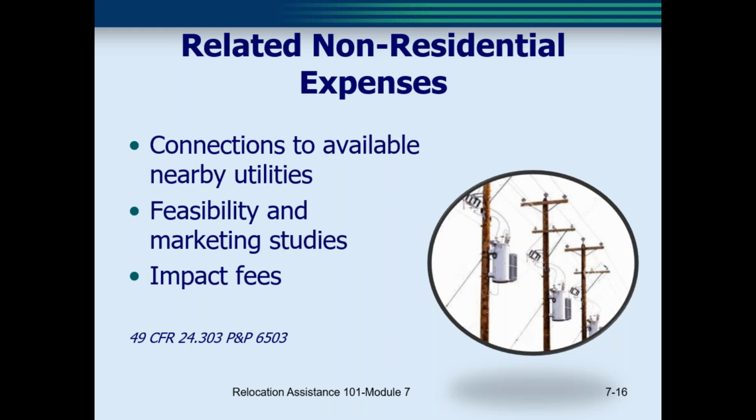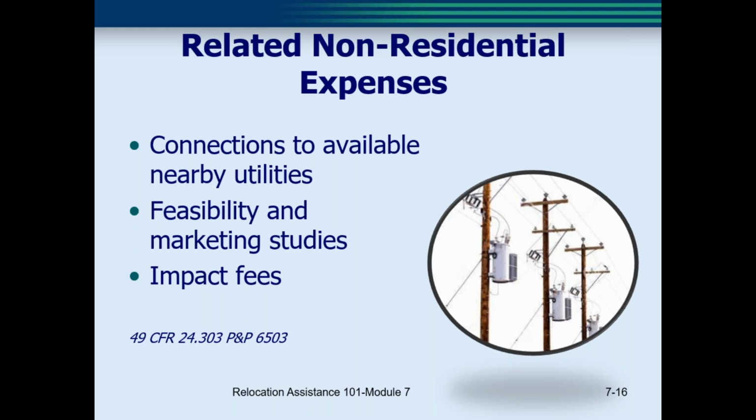The second item is for professional services performed prior to the purchase or lease of the replacement site to determine its suitability for the displaced business. Examples of those types of services could be soil testing, feasibility and marketing studies, but do not include any fees or commissions directly related to the purchase or lease of the property.